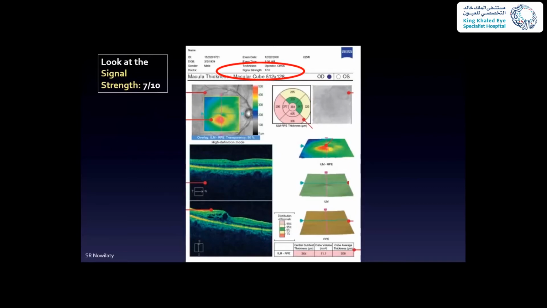If the patient was not fixating well, you're going to have a low output, and you're not going to be able to trust the data that is generated. So the signal strength is very important, and here it's 7/10. That's reasonable. So you look first: was the exam done in a proper way?